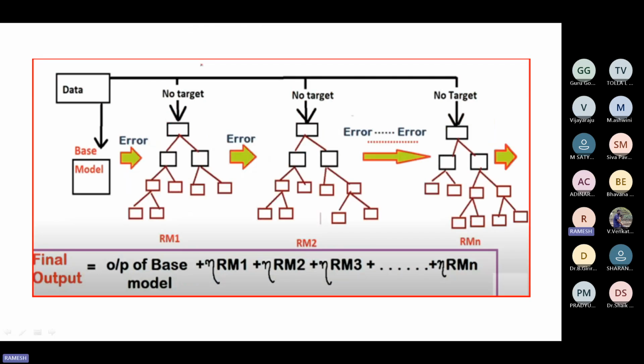Here also, we take a simple model, for example a decision tree. Whatever error we got from the decision tree is passed to the next level, and with that error we build the next decision tree.